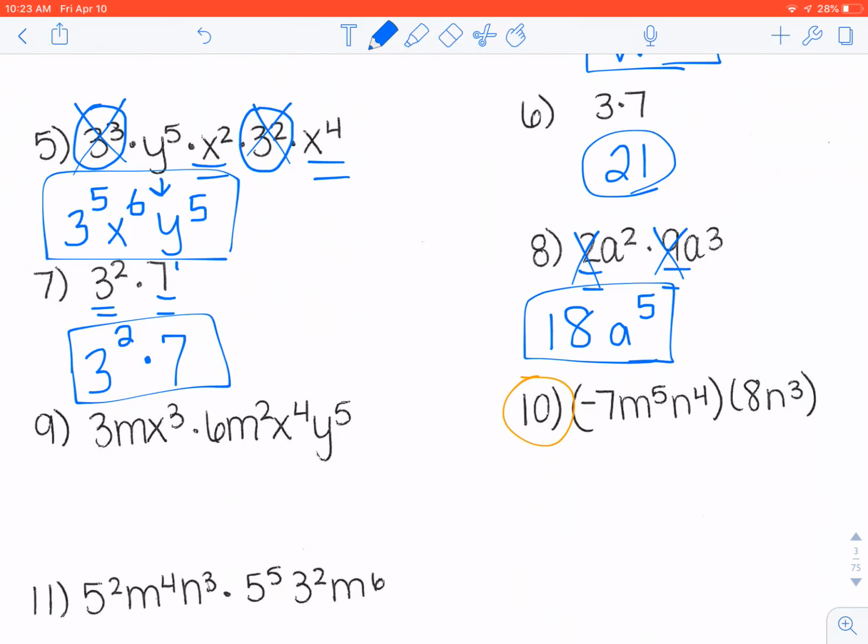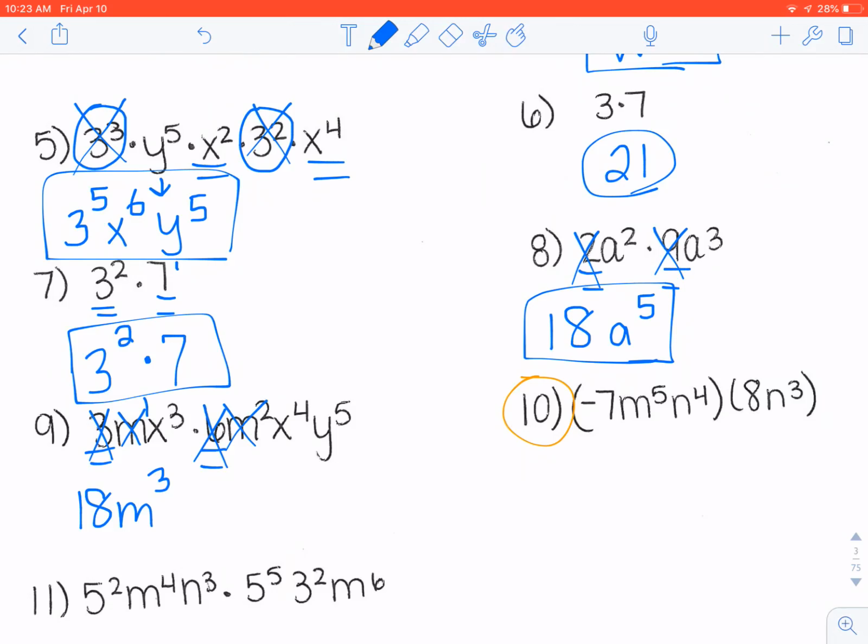Okay, number 9. Let's look at our numbers in front. Okay, so the 3 and the 6 are our coefficients. They are different. They do not have exponents on them. So 3 times 6 is 18. Let's now look at our m. M to the 1st times m to the 2nd becomes m to the 3rd.